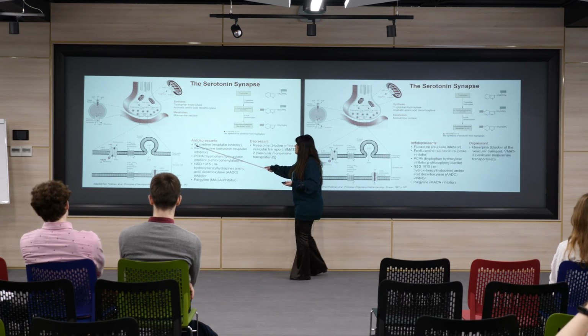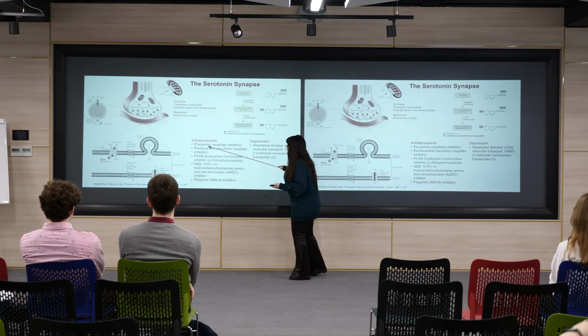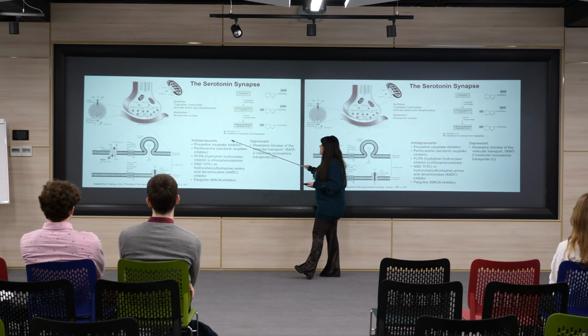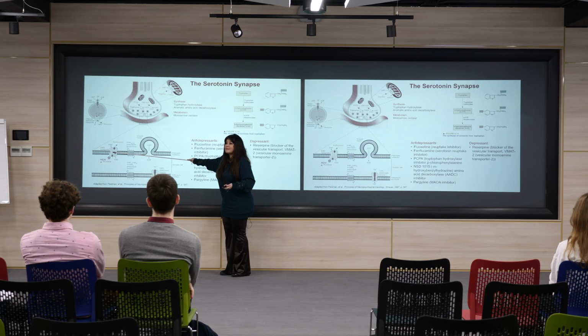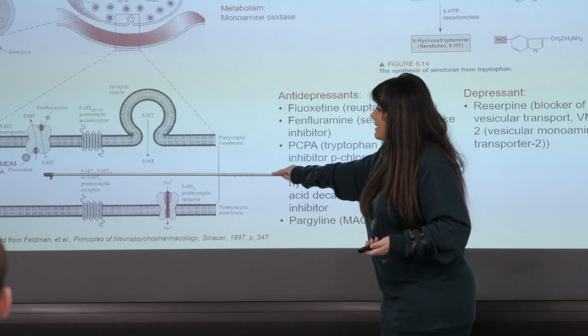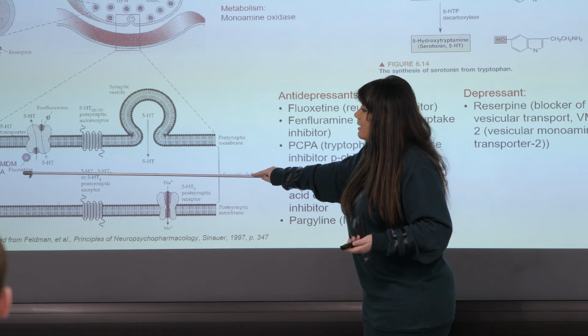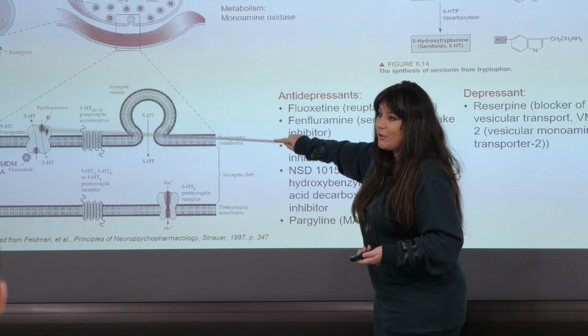For example, one famous antidepressant, fluoxetine, is actually working in this system here. This is the one that takes serotonin back once it is released into the synaptic cleft. So one of the most prescribed antidepressant drugs is working here. It is blocking the serotonin reuptake from the synapse.